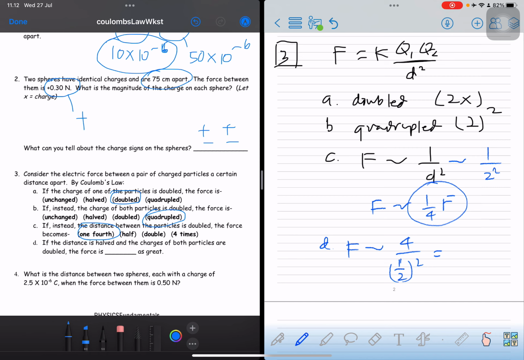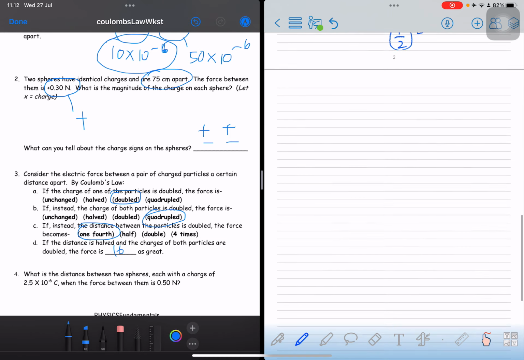So 4 divided by 1/4 becomes 16. So this is 16 times greater. That's it, still using this equation from Coulomb's law.